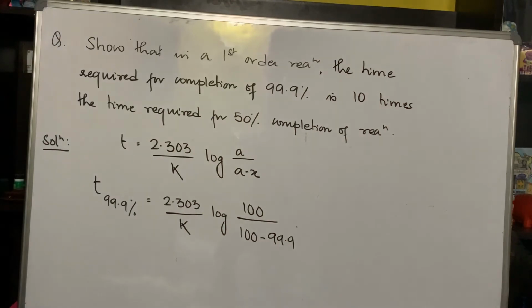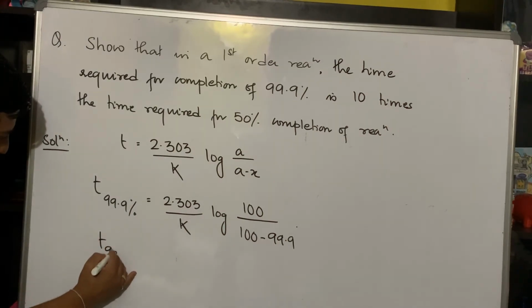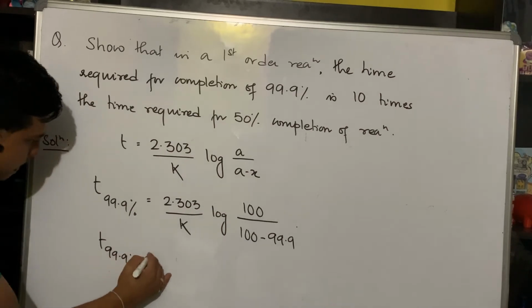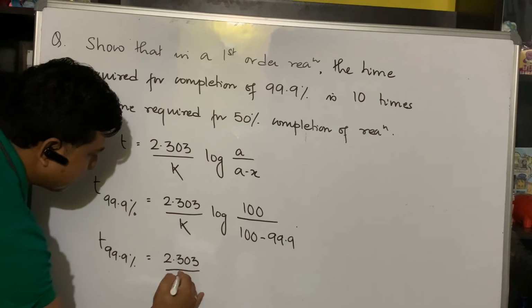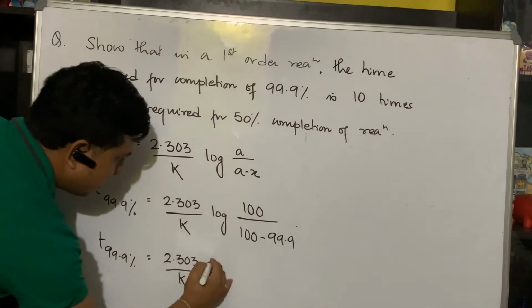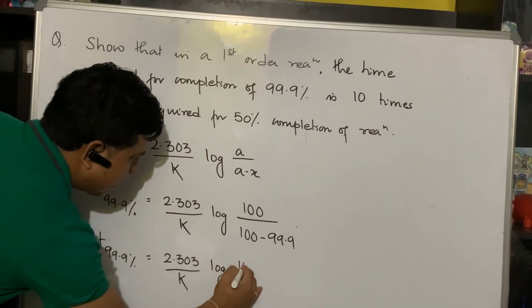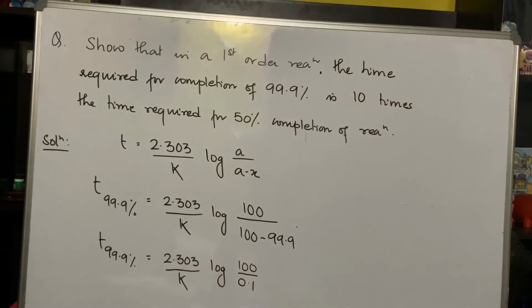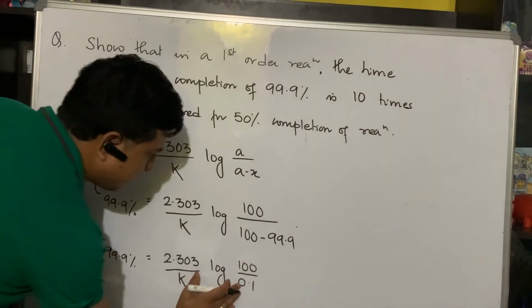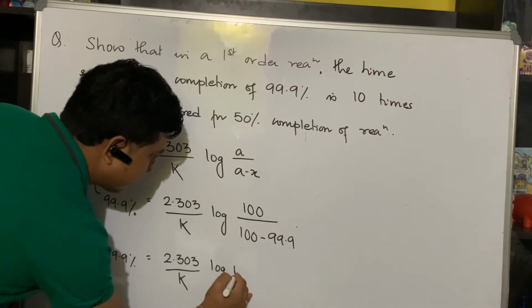It is 99.9. So T 99.9% is going to be 2.303 by K log 100 by 0.1. So if I remove the decimal, here I'll get log 1000.